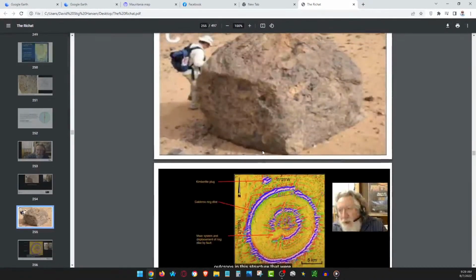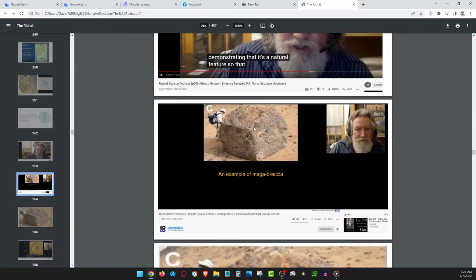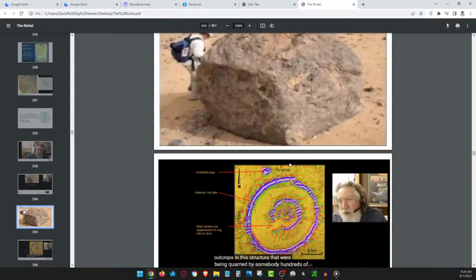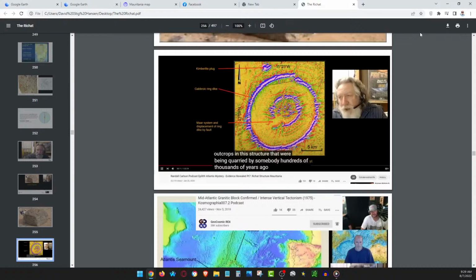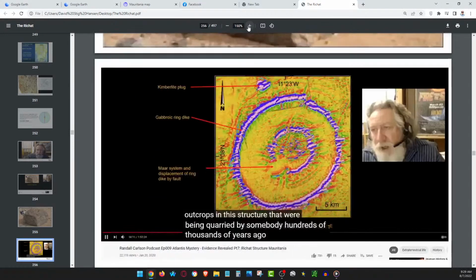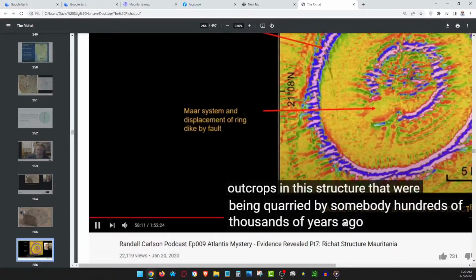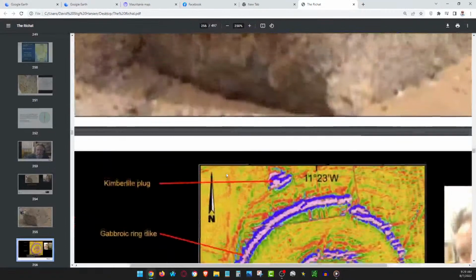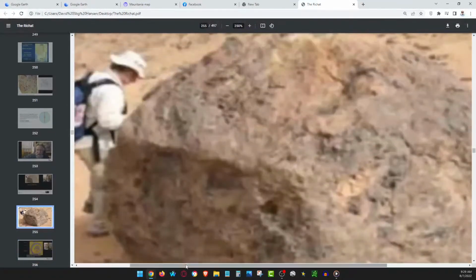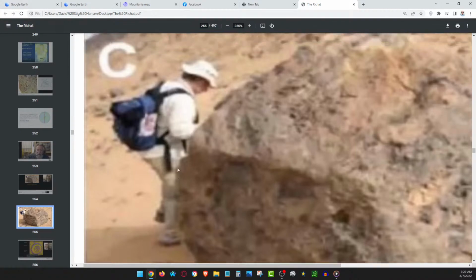He said this mega breccia, these outcrops that I'm showing you, were being quarried by somebody hundreds of thousands of years ago. In my opinion, he didn't just pull that out of nowhere. He got it from a research paper. I read this research paper, and I didn't see that information. Maybe I need to read it one more time.